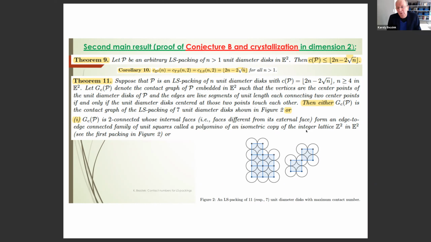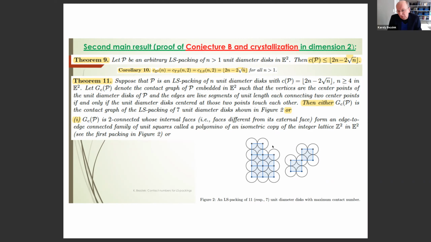Either we have the contact graph of our extremal locally separable disk packing identical to the contact graph of the packing of 7 unit disks, here illustrated on the right, or the contact graph is vertex two connected, whose internal faces form an edge-to-edge connecting family of unit squares.